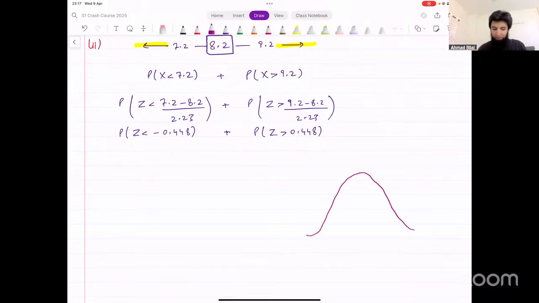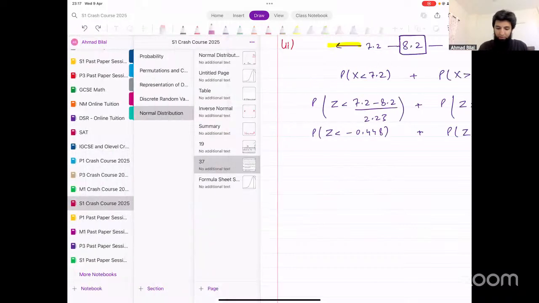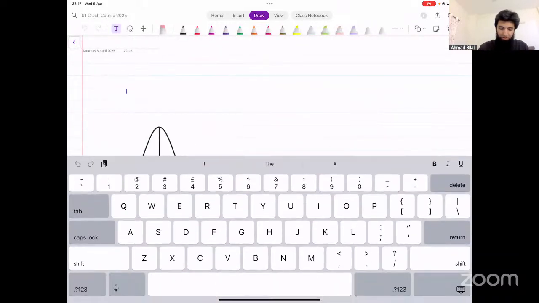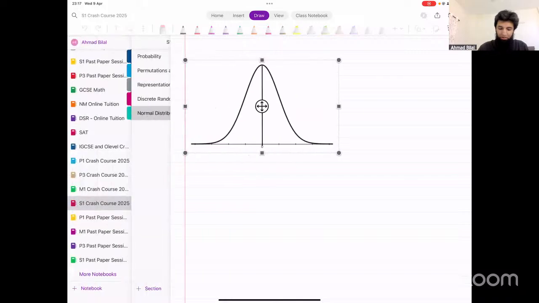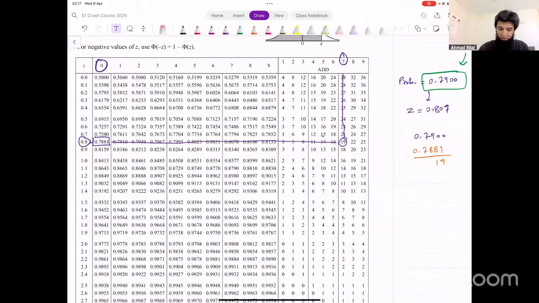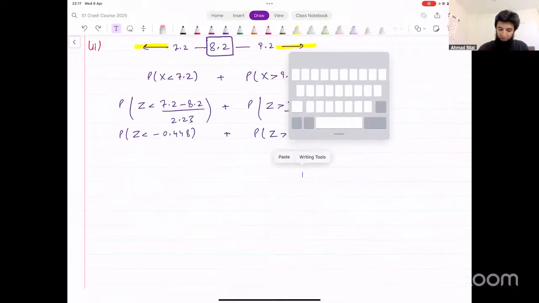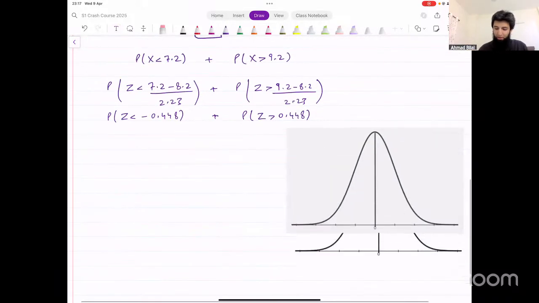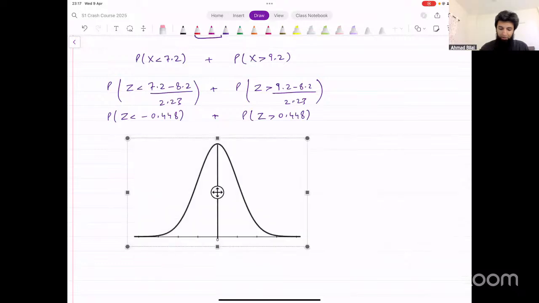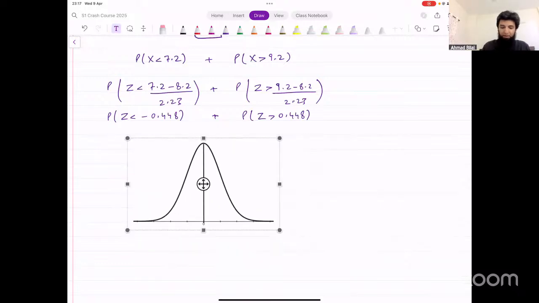This is the shape of the curve. What I'll do is I'll make it cleaner. I will just copy this curve from here. Okay, this is what the normal distribution curve looks like. And now we are saying it's the Z distribution with 0 in the middle.